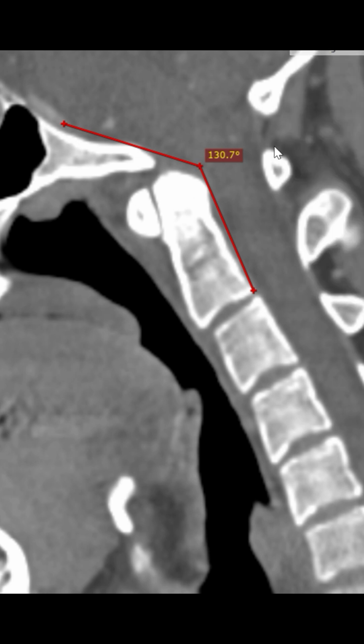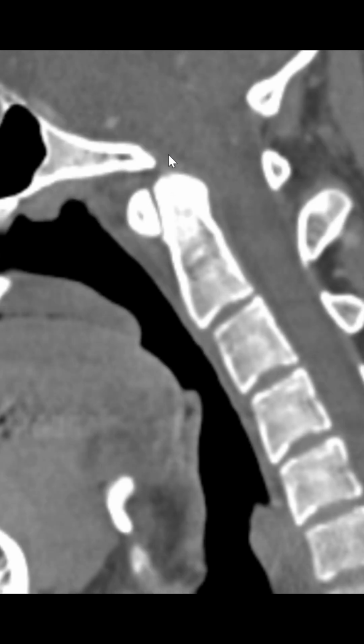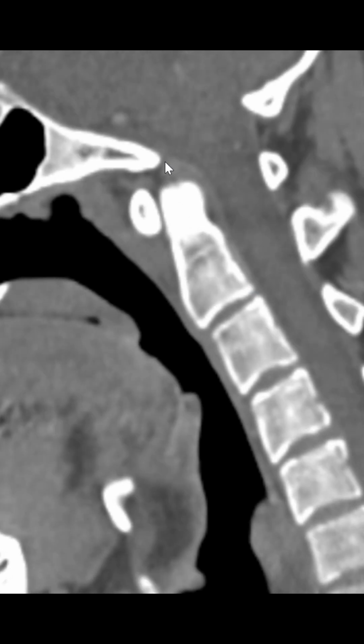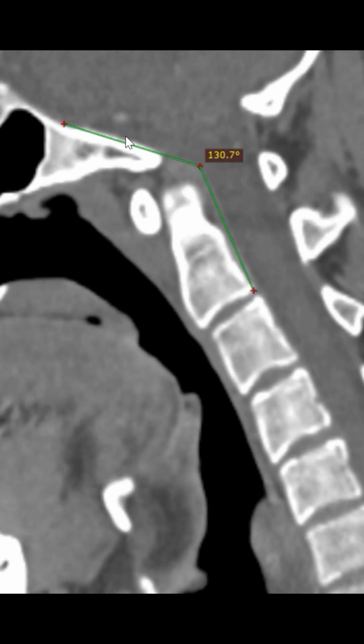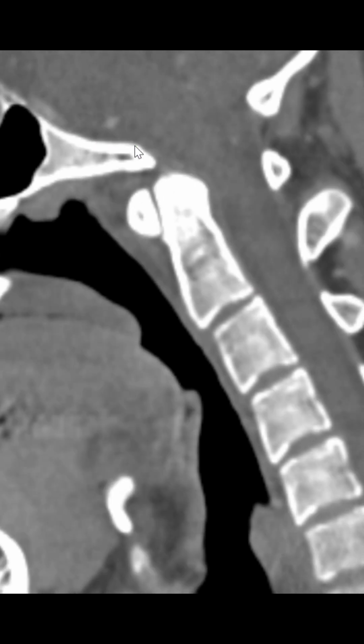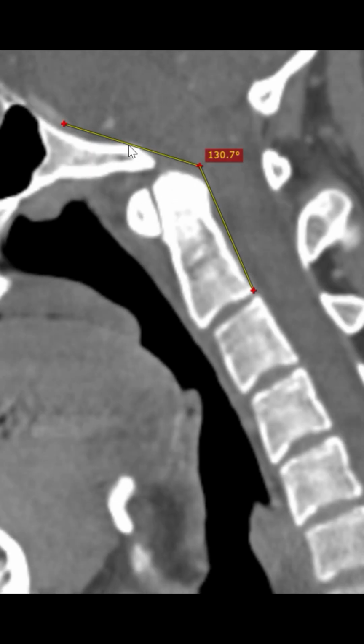You may, of course, need to look at McGregor's or Chamberlain line to see if there's any basilar invagination, which we can pretty much see by eye. And of course, if I take this and come here, you can see it still follows the same line of the clivus, and so that's why you can hit that superior part of the clivus bone.